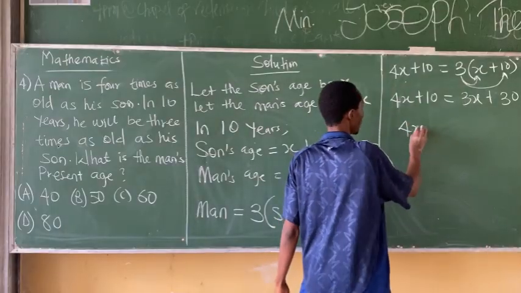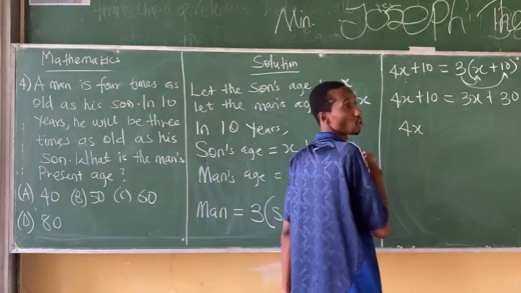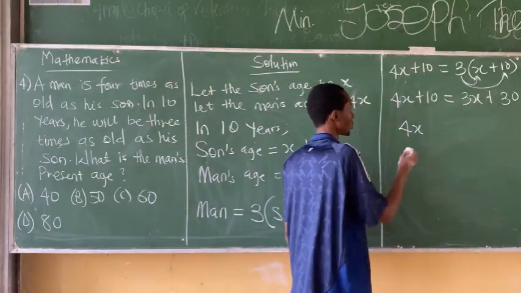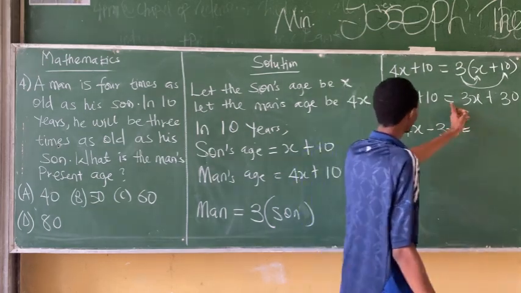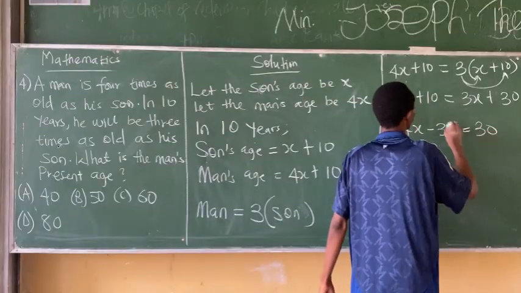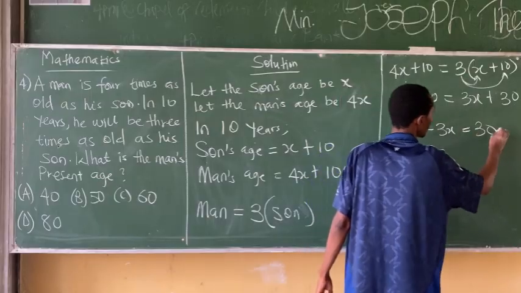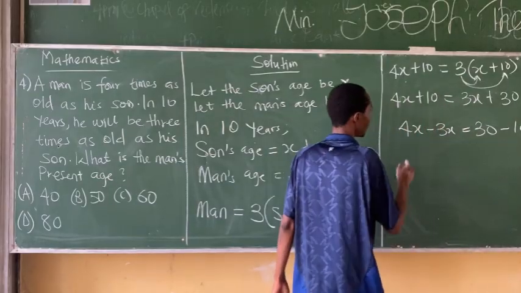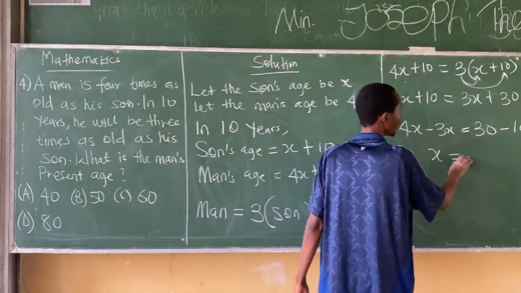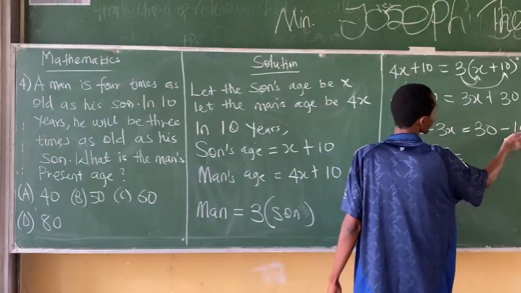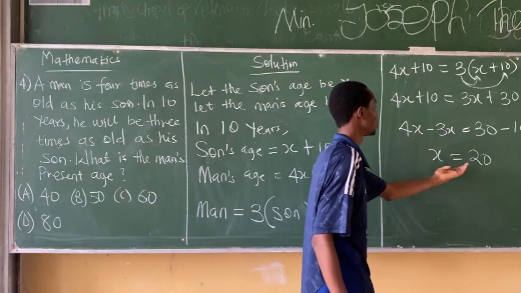We have 4x. Here we have plus 3x. If you cross the 3x to this other side of the equation, it changes from plus to minus. So we have minus 3x is equal to 30. If plus 10 crosses to this other side, it changes from positive 10 to negative 10. Now minus 10. 4x minus 3x will give us 1x, which is same as x, is equal to 30 minus 10 gives us 20. We have the value of x equal to 20.